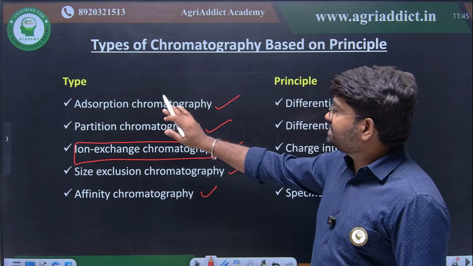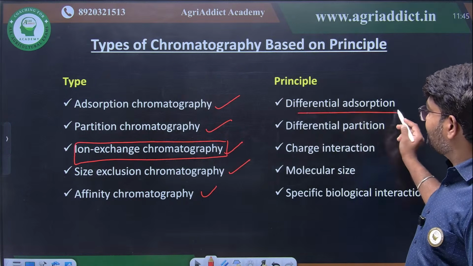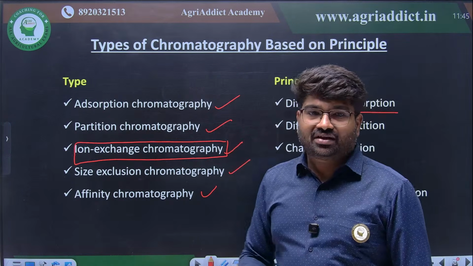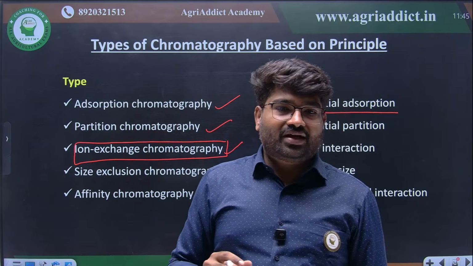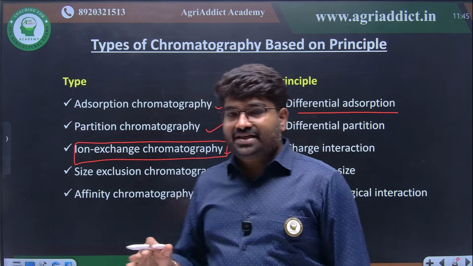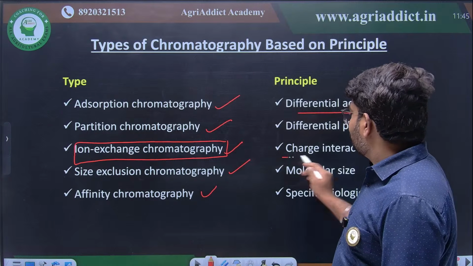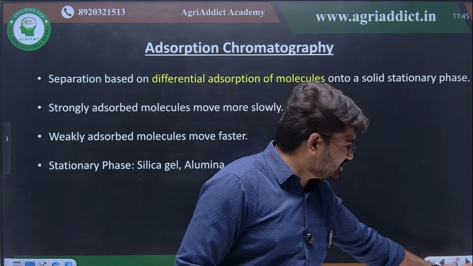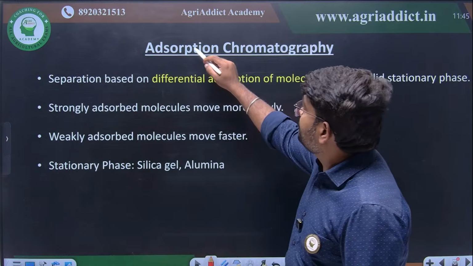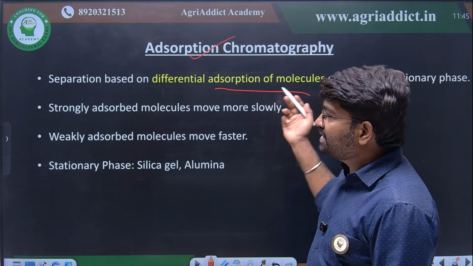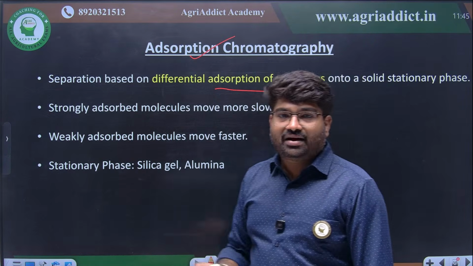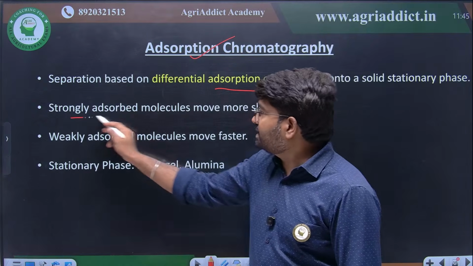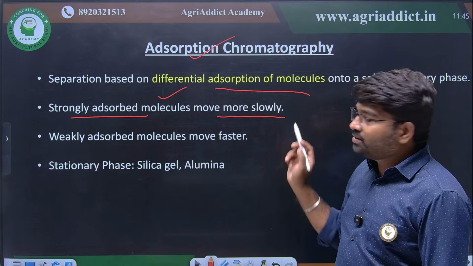Okay. So adsorption chromatography means based on differential adsorption, we will separate our molecule. Size exclusion and ion exchange mean based on molecular size or charge. Adsorption chromatography we have already discussed. If a molecule is strongly adsorbed, it will move slowly.